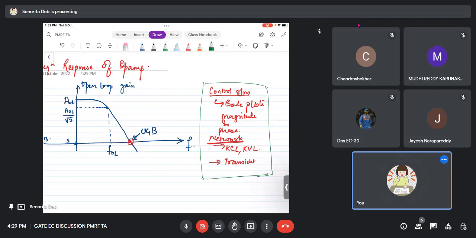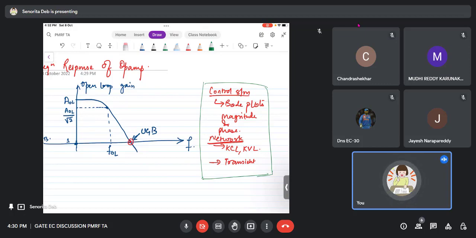Okay. So op amp is a direct coupled amplifier, therefore the voltage gain will remain constant at low frequencies. But it will decrease at high frequencies due to capacitance effects, because inside the op amp it is all MOSFETs or BJTs.